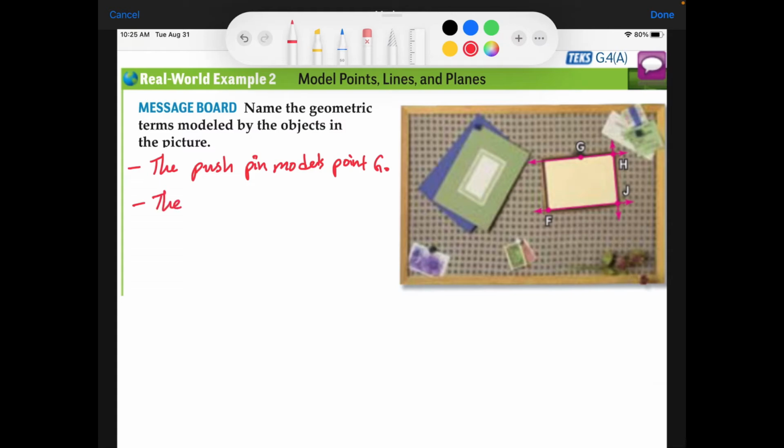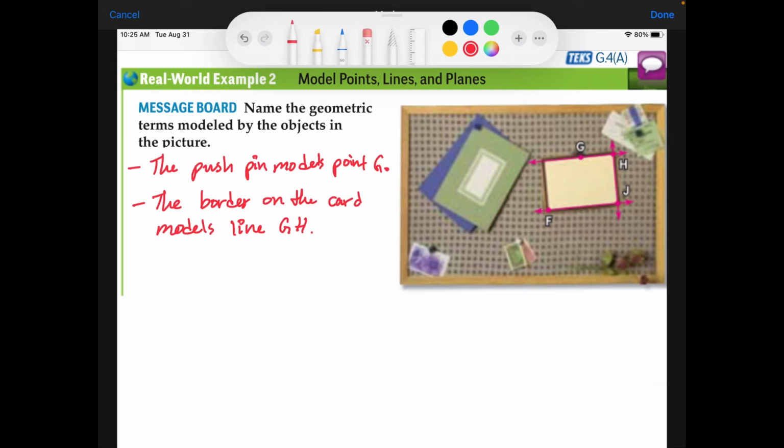So we can say, I'm not sure if it's a maroon or whatnot, but the border on the card or piece of paper models line GH. Remember, we can name a line using 2 points.